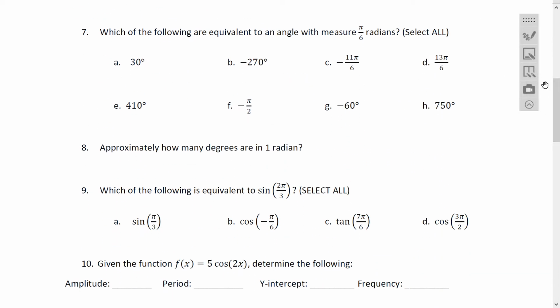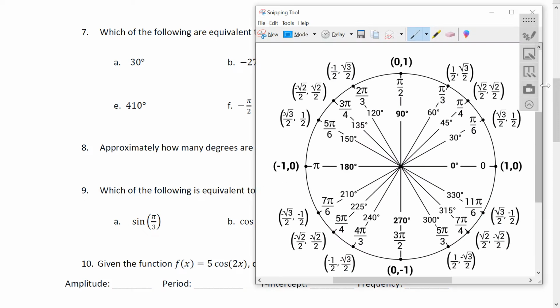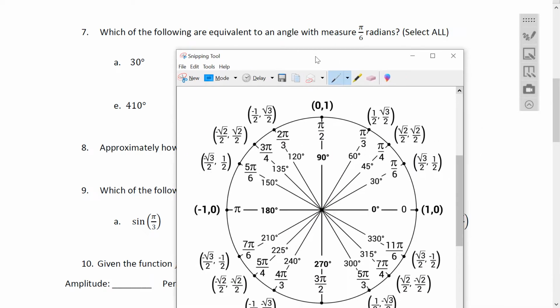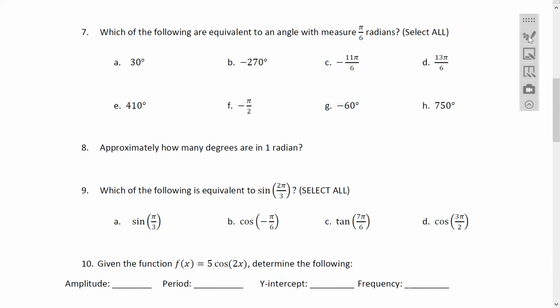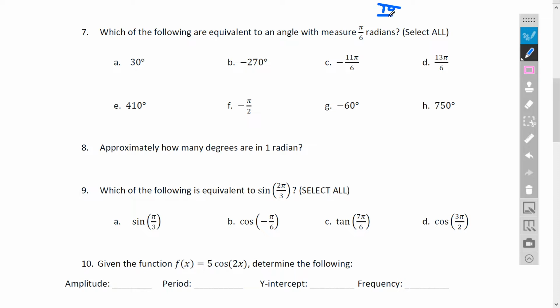Which of the following are equivalent to an angle with measure pi over 6 radians? Okay, so let's take a look at pi over 6. Well, actually, we need to go through all of these and just see if they're equivalent to pi over 6 radians. Let's start with 30 degrees.